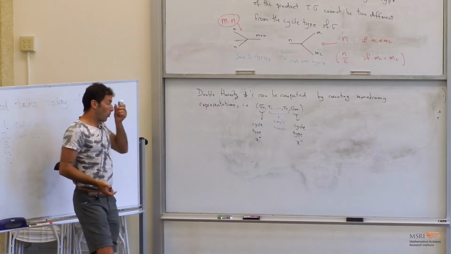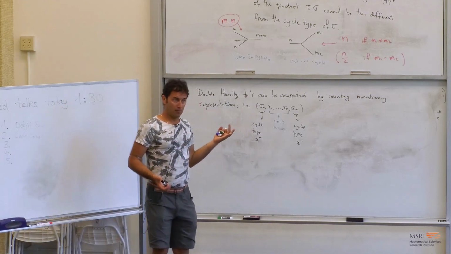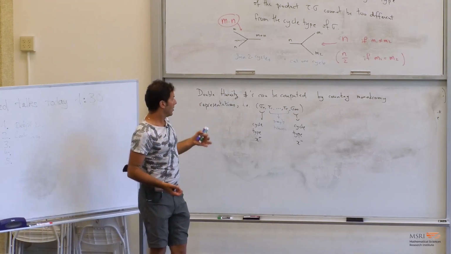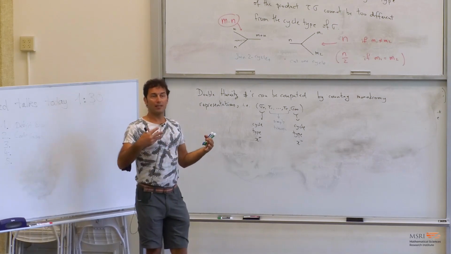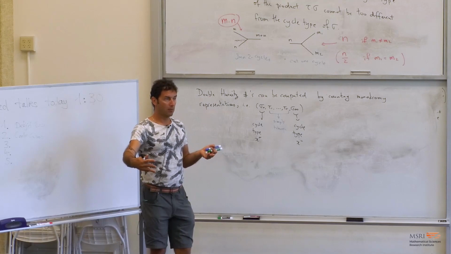But one way that I could organize this count is by what is the cycle type of all consecutive products.